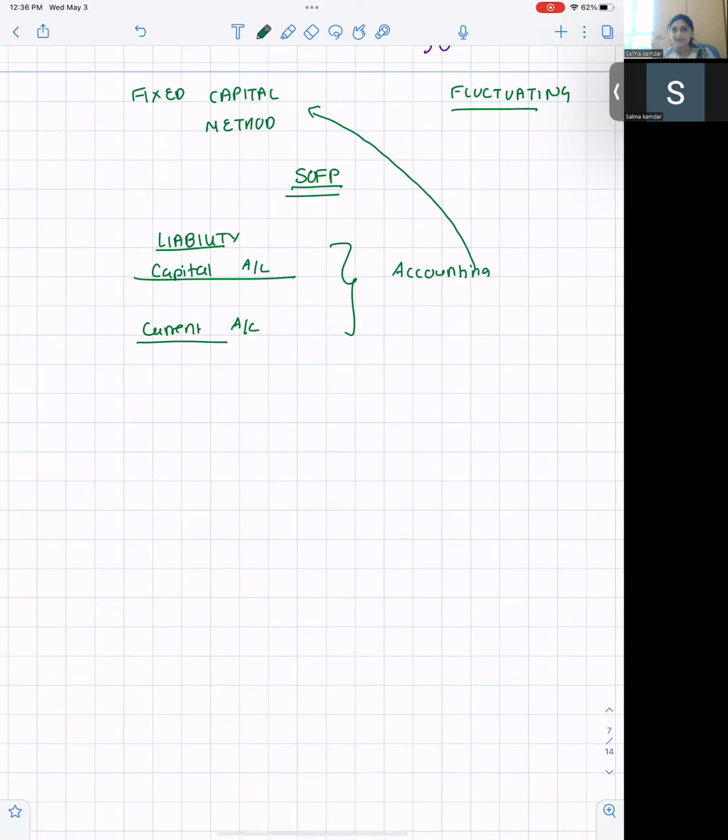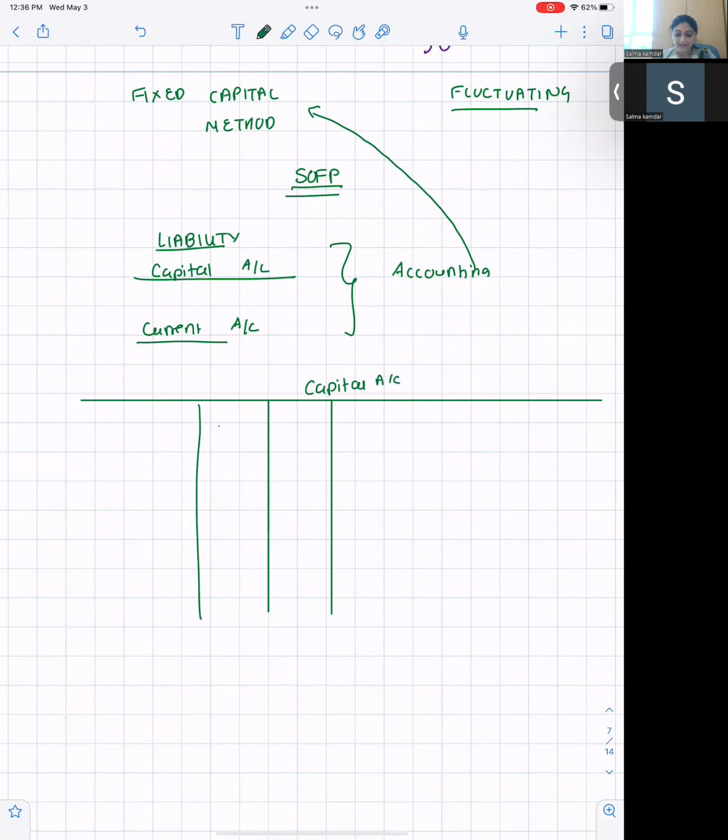The fixed capital method tells me that the capital account of my partners will change only and only because of the following things.